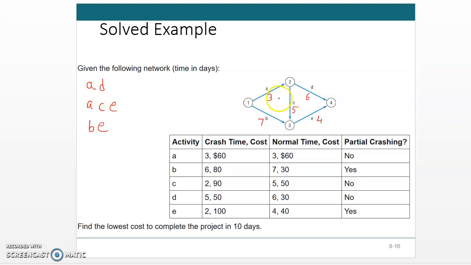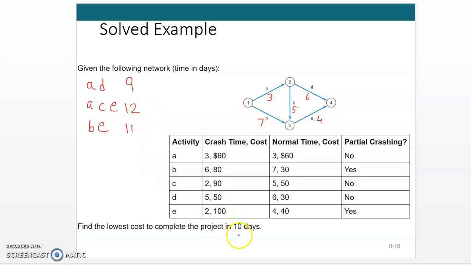AD is 9 days long, AC-E is 12 days long, and BE is 11 days long. So from this information, we know that the original duration of this project is 12 days.